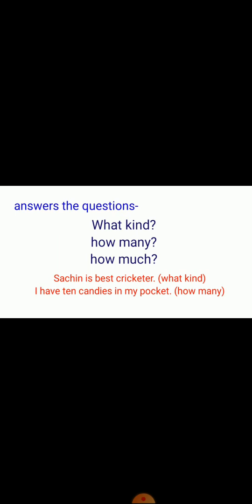So the word best here is an adjective. I have 10 candies in my pocket. So, how many candies do I have in my pocket? We get the answer 10. So, the word 10 here is an adjective, right?